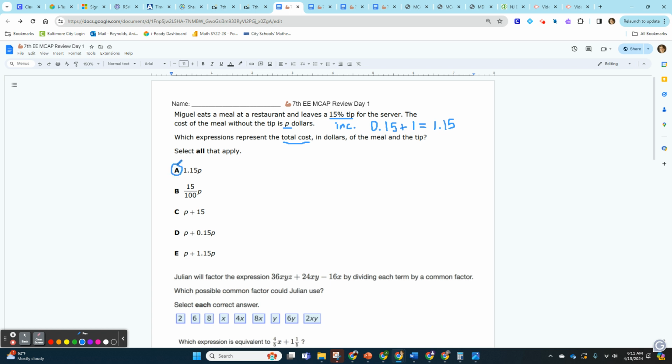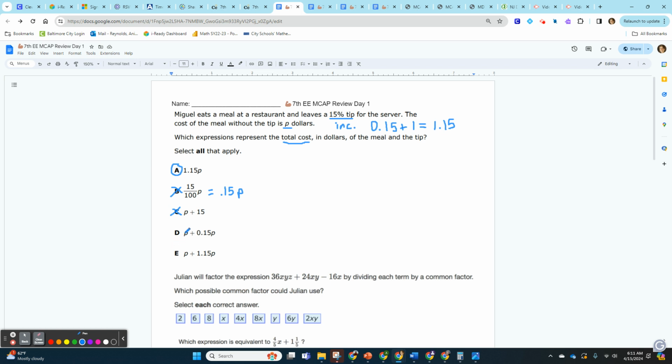1.15 is what we need to multiply our total, our p, by. So A is definitely one of our answers, but now we need to see which of these other answers would also be 1.15p. This one would just be 0.15p, or just the tip amount, so this is not correct. This one, we cannot combine p and 15, so that makes no sense.